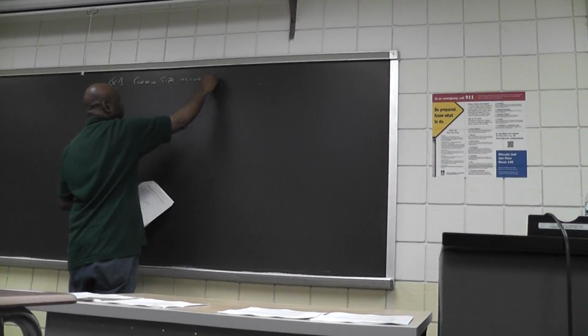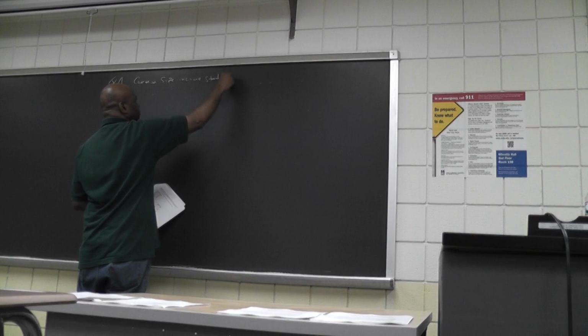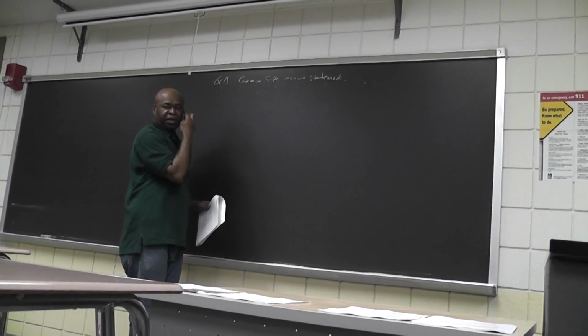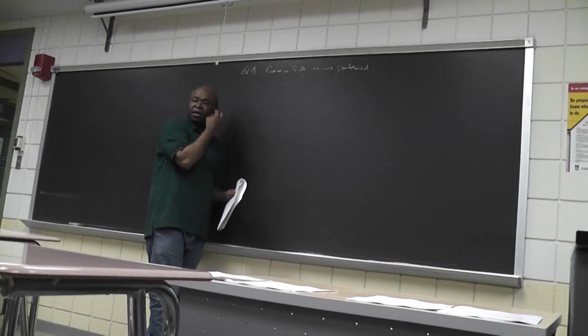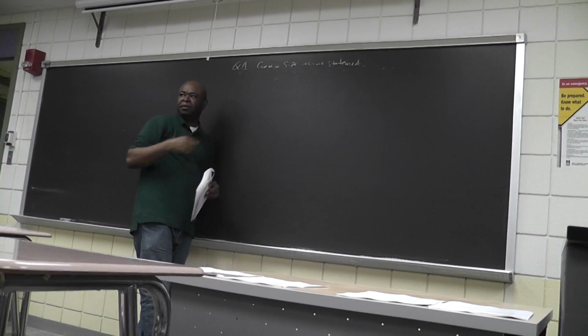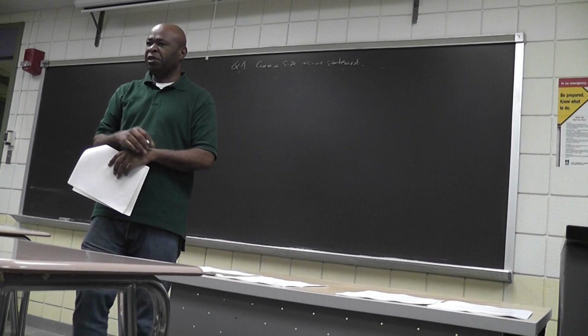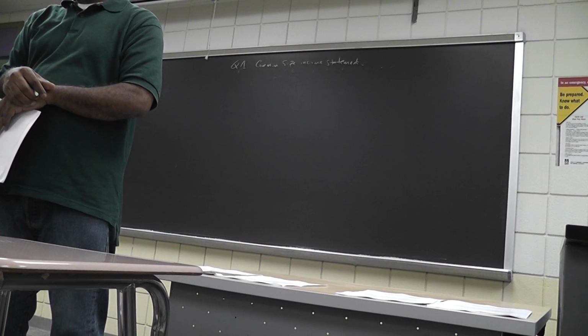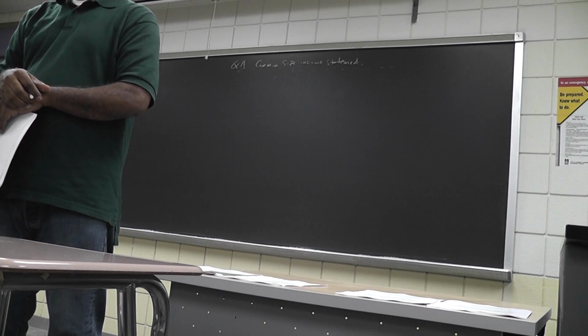So question 1 is a common size income statement. The way to do this, obviously this one is related to the income statement, you take each item or each figure from the income statement and you divide by sales, right?